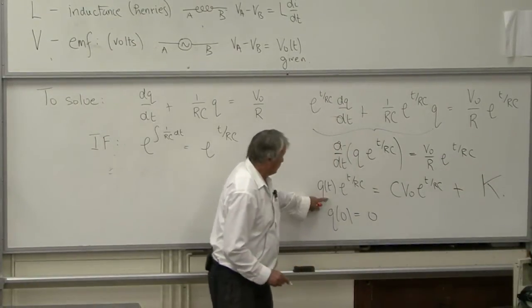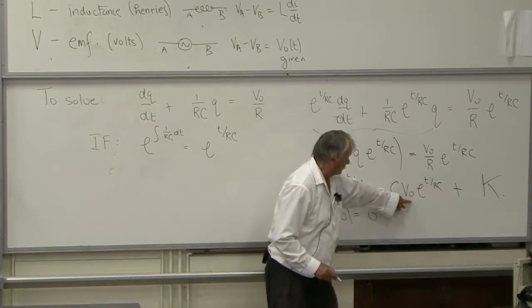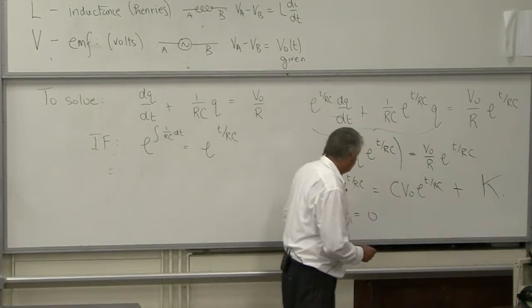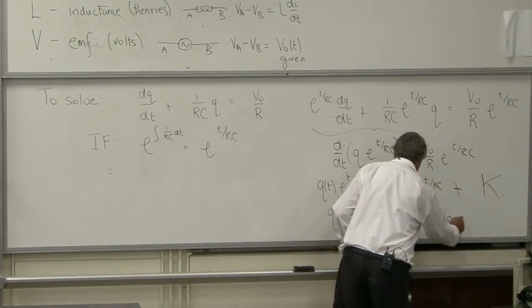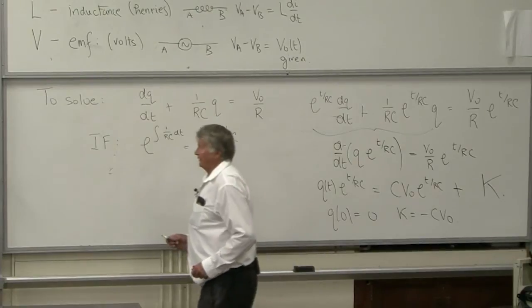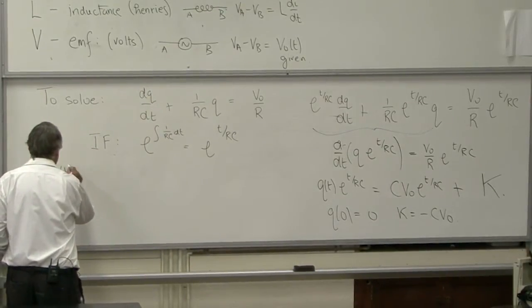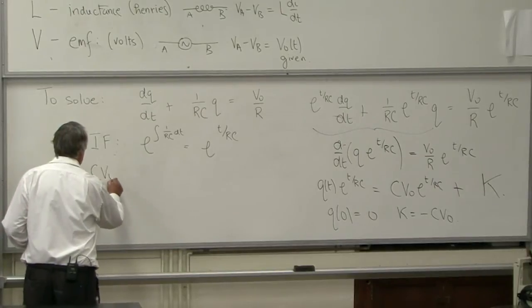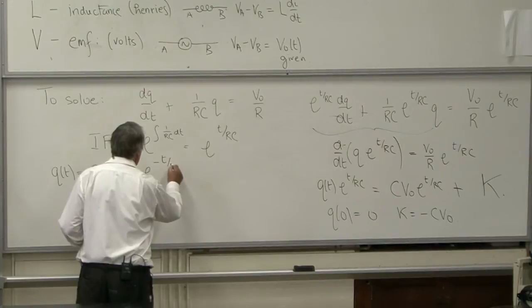That implies at t equals 0, the left-hand side is 0. This is CV0 plus K is 0. So K is minus CV0. Therefore, Q of t is equal to CV0 times 1 minus e to the minus t over RC.